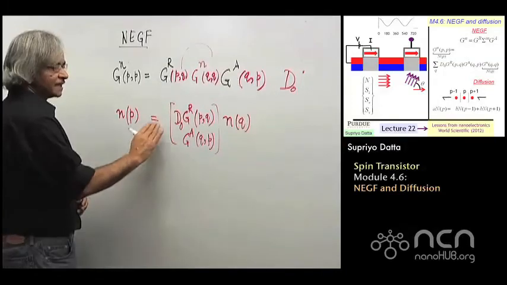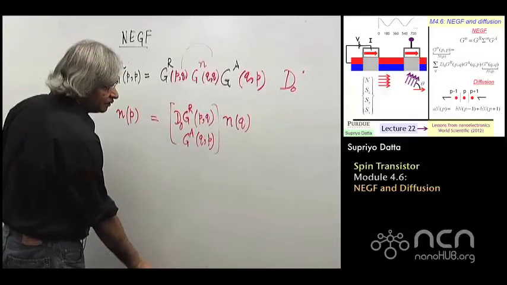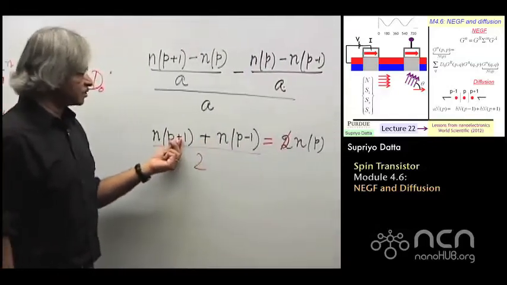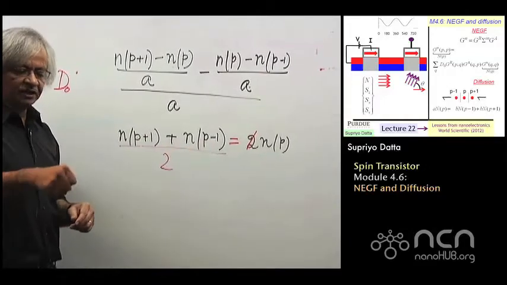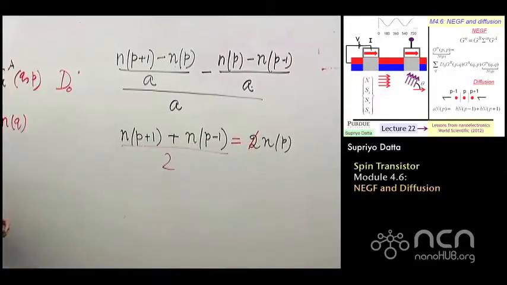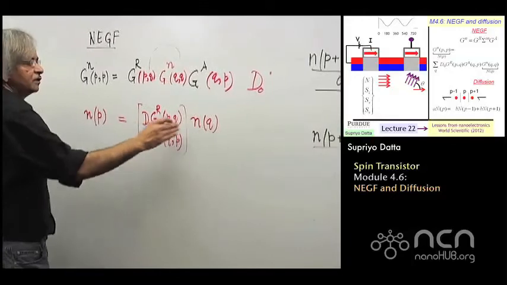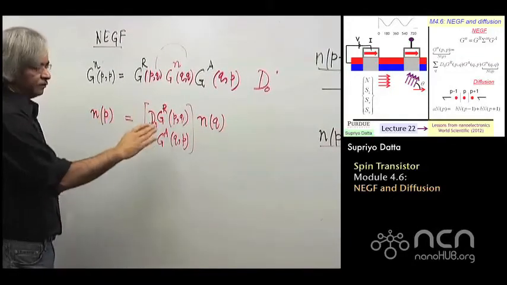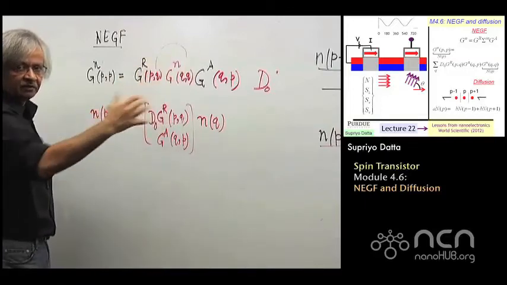And of course, this is summed over Q, and in principle, with the diffusion equation, the P only connects to P plus 1 and P minus 1. That is, it's only nearest neighbor hopping. But with the NEGF, P and Q need not be nearest neighbors in general. The Green's function could be extending further out.